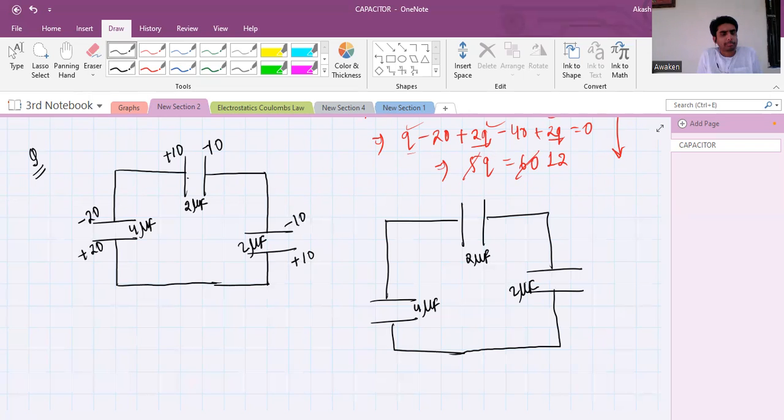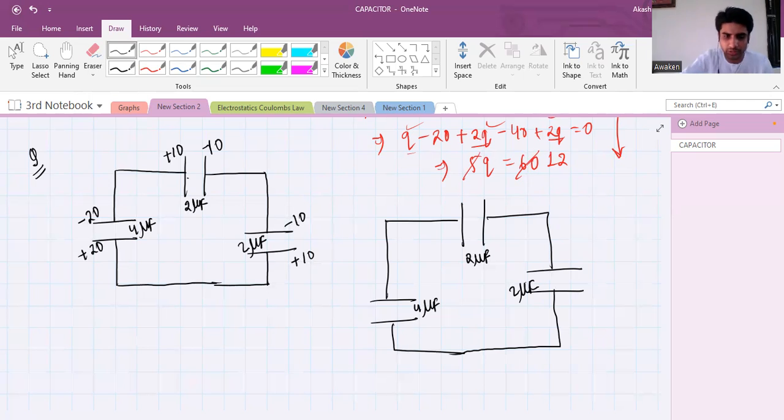Then again minus 10 minus q by 2. Again we are going plus to minus, that's why. Can you repeat 10 minus q by 2? I understood then. After that, minus, then 20 minus q in the bracket by 4.